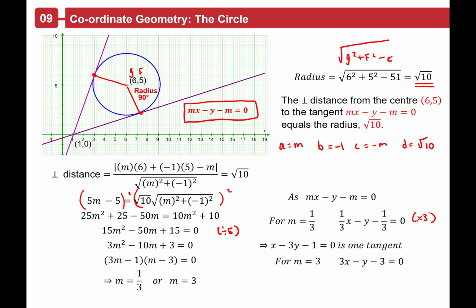Substitute your equation of the tangent in terms of m and your point into your perpendicular distance formula and solve for m, your slope. Then substitute this back into your equation of the tangent.